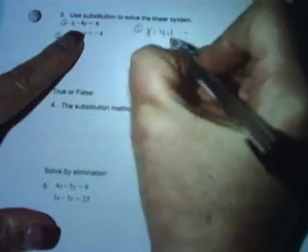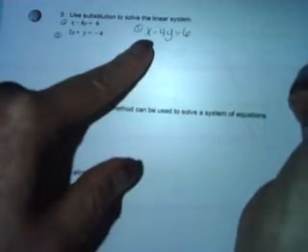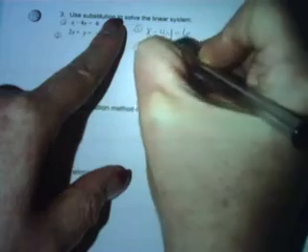X. You want to isolate the x? Okay. I have x minus 4y equals 6. How do I isolate the x? What am I going to have to do? Add 4y. We're going to add it because if it's negative on this side and we move it, it's going to be positive. So we're going to add 4y.